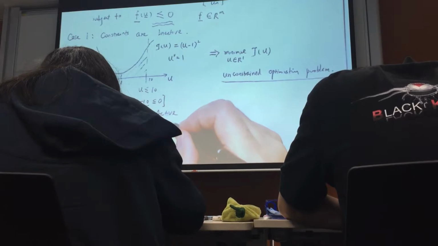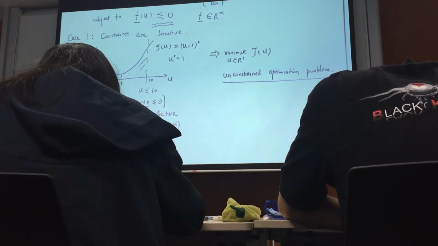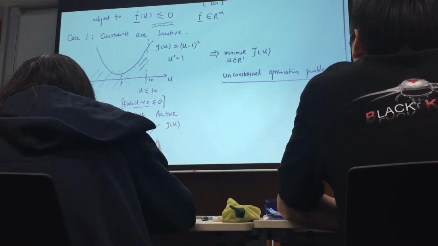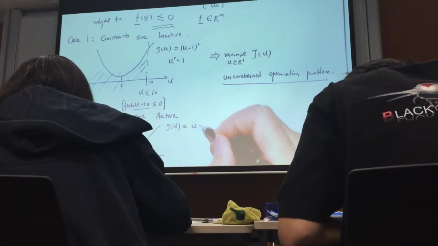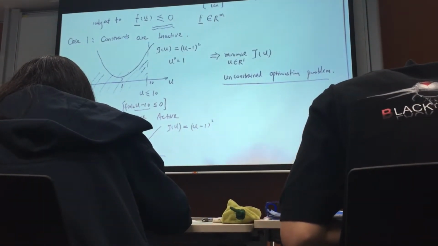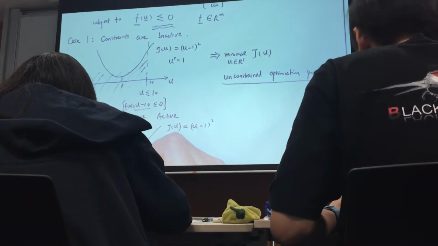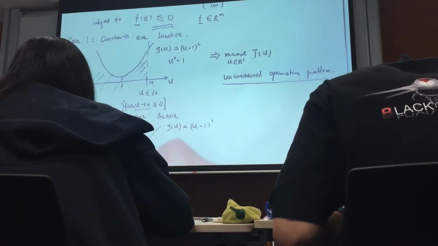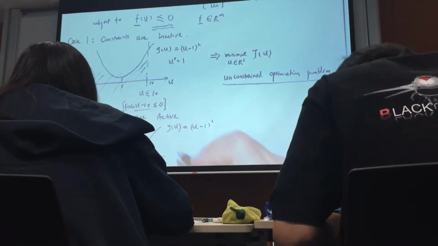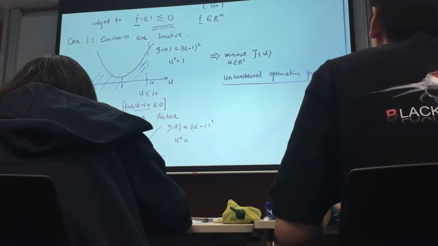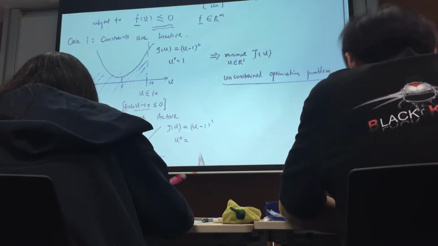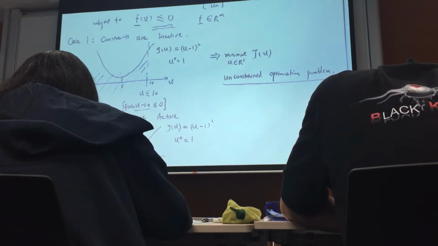We also define the cost function to be a simple quadratic function, for example (u minus 1) squared. So in this case, we know that the global minimizing point is given by 1. So u star is equal to 1.